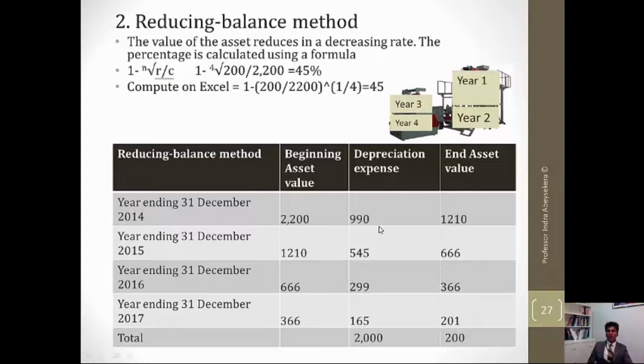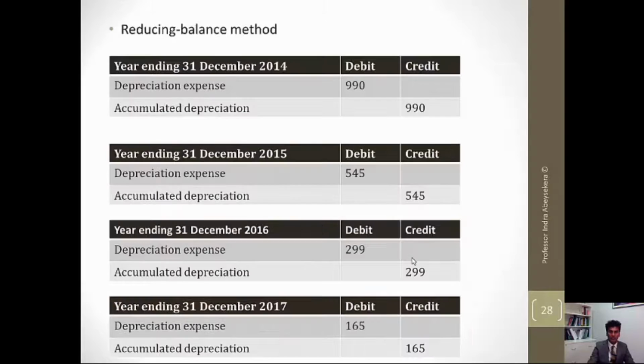When we apply that technique over the 4 years, the asset loses more value in the initial years and progressively less in the remaining years.